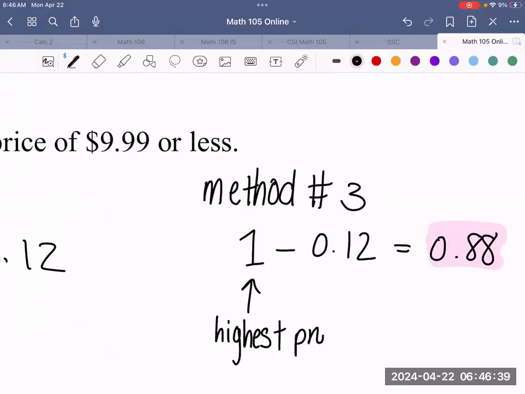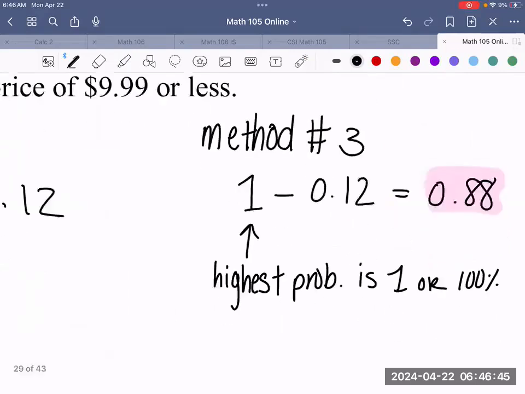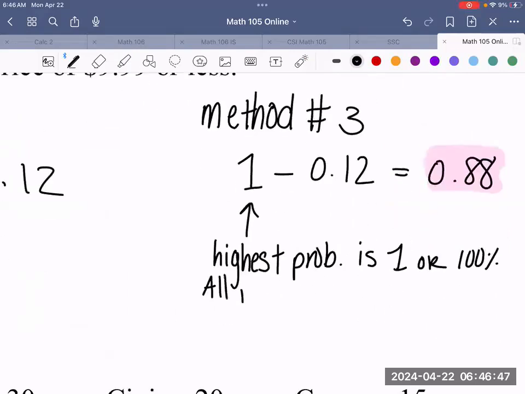The highest probability is 1 or 100%. All probabilities add to 1 or 100%.